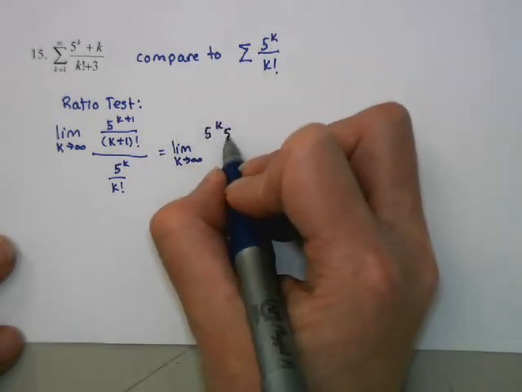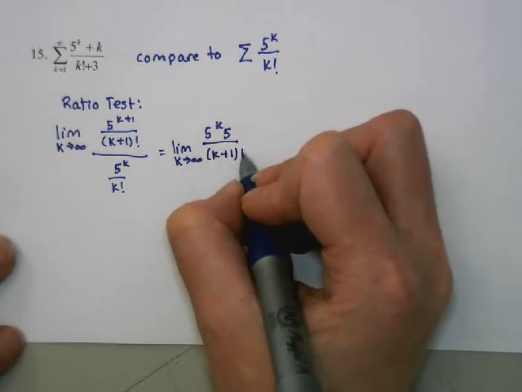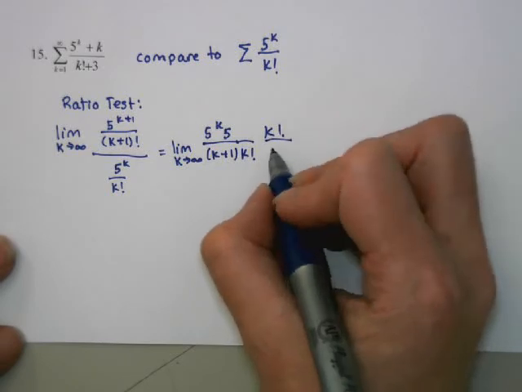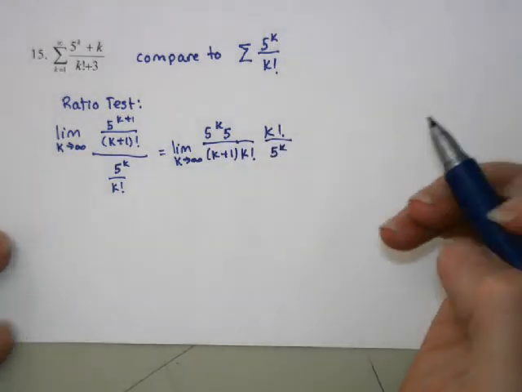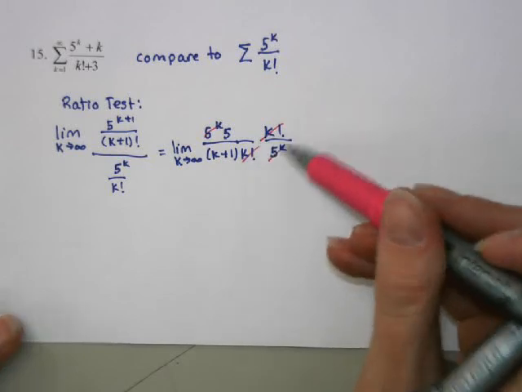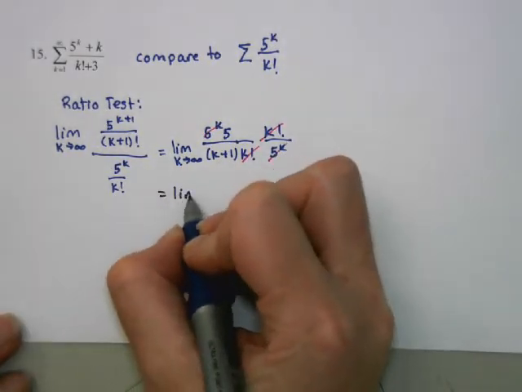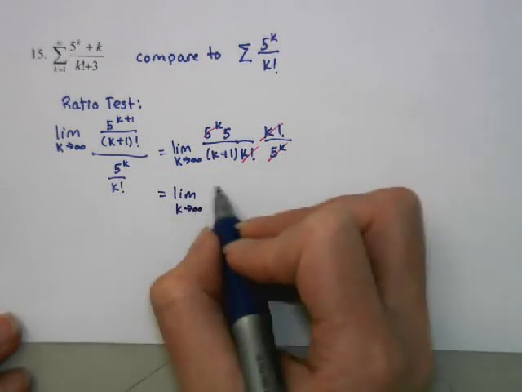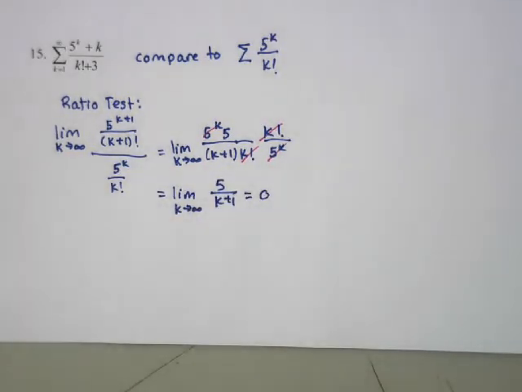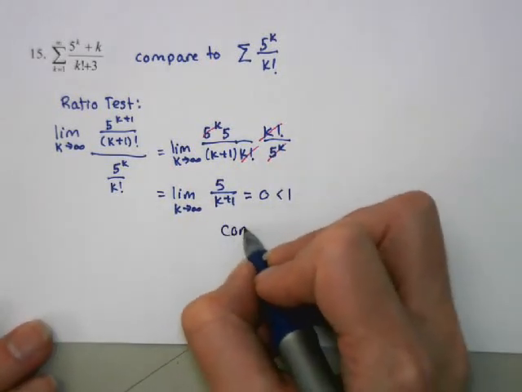So 5 to the k, 5 to the 1 over k plus 1 times k factorial over k factorial over 5 to the k. Cross off, cross off, cross off, cross off. So we get the limit as k goes to infinity of 5 over k plus 1, which is 0. Okay? Less than 1 converges.